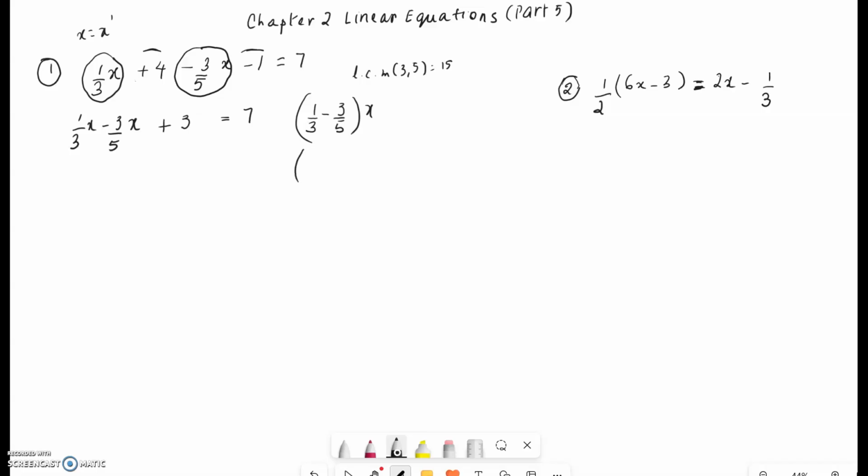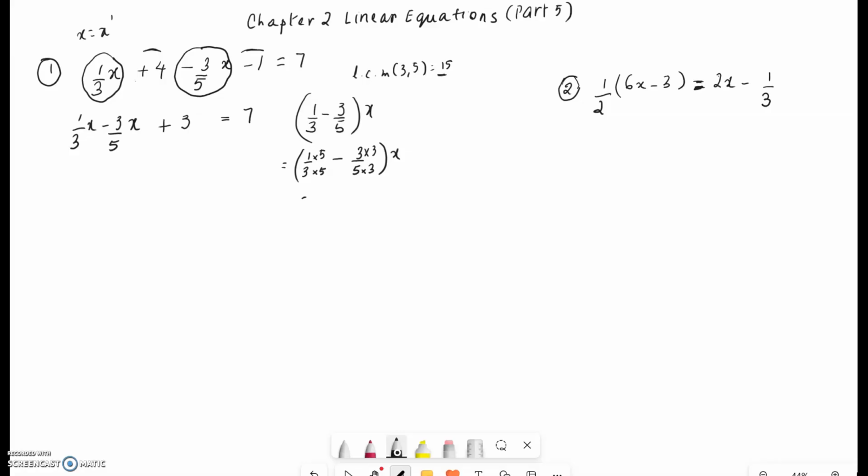So 1/3, multiply the denominator by 5 to make it a 15, because that's our least common denominator. I have to do the exact same thing with the numerator. Same thing here, 3/5. I need to multiply 5 with 3 and then times 3 in the numerator as well.